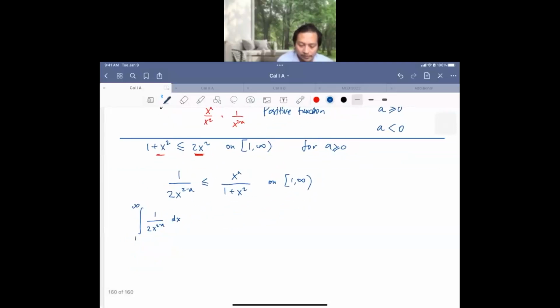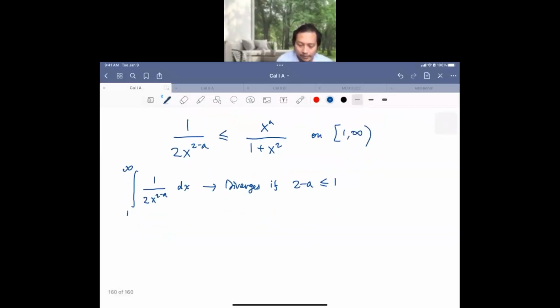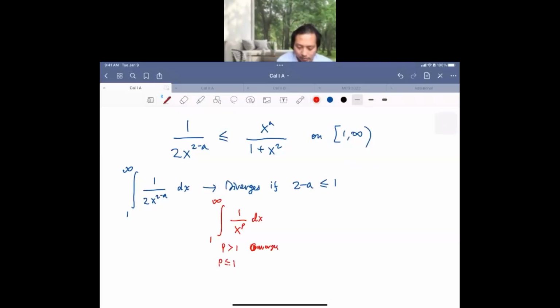So for a positive, this will diverge if 2 minus a is less or equal to 1, right? Remember that we have this: p greater than 1 converges, p less or equal 1 diverges.